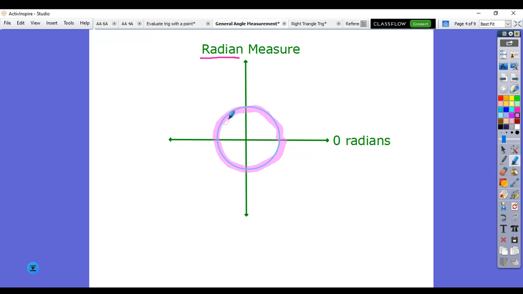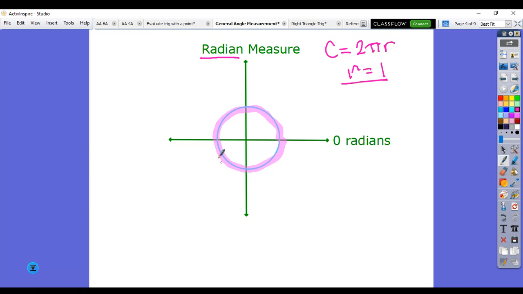What formula is this talking about? The outside of a circle. That's the circumference. Do you remember what the circumference formula is? 2 pi r. When we're talking about trig, though, we're always talking about the unit circle, which means r is always 1.